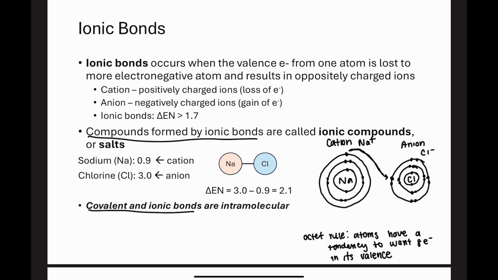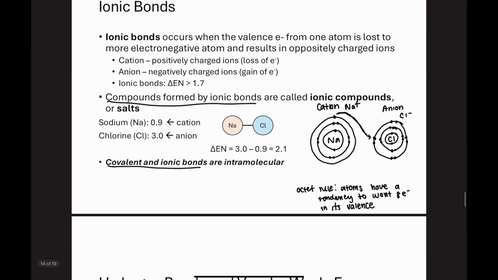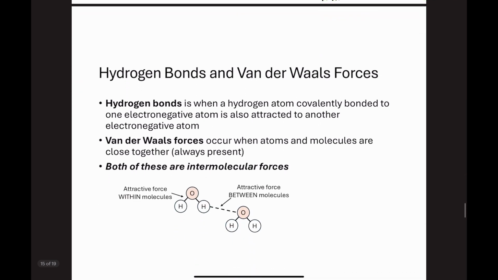So now we need to talk about hydrogen bonds and van der Waals forces. Hydrogen bonds form when a hydrogen atom that is already covalently bonded to one electronegative atom is attracted to another electronegative atom.